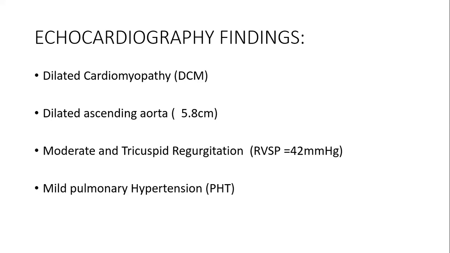Then the middle part is not supposed to be more than 2.0, and the distal part, I would say 1.8. There was moderate tricuspid regurgitation. There was also mild pulmonary hypertension.